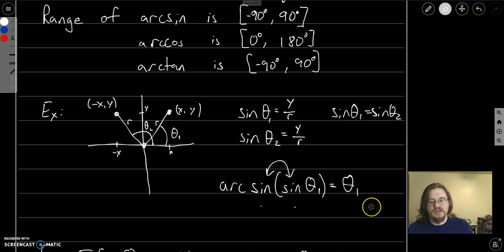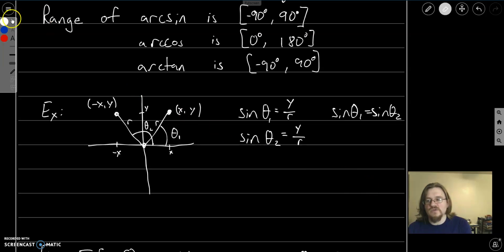And the nice trick is the following. What is the relationship between theta 1 and theta 2? Well, if we look closely, this angle over here between the negative x-axis and this line is also theta 1.